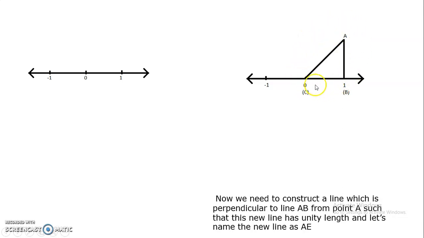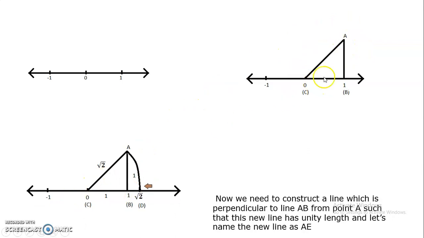This becomes a right angle triangle. Then using the Pythagoras theorem, the value of AC becomes root 2. Then taking this as the radius, we have to extend the point to the number line, that is till D. So the CD length is root 2.